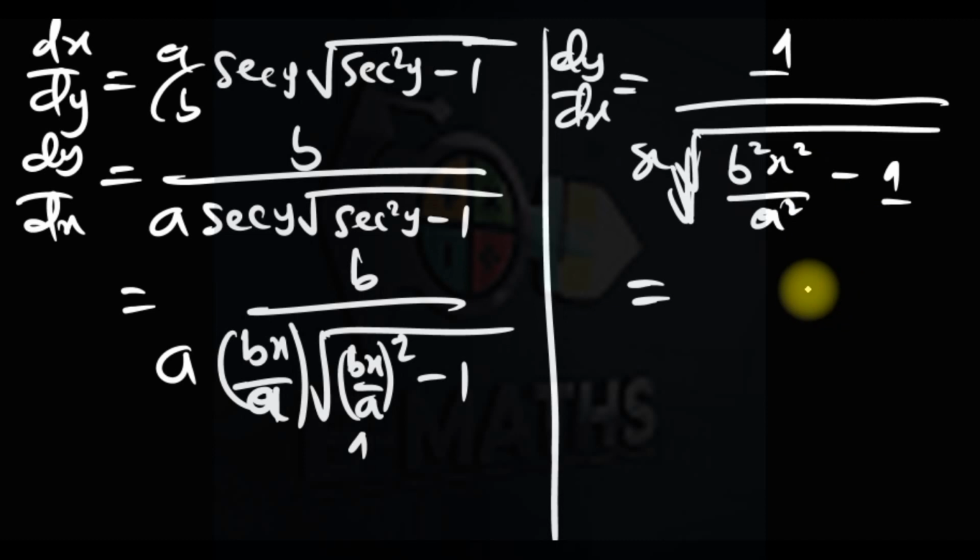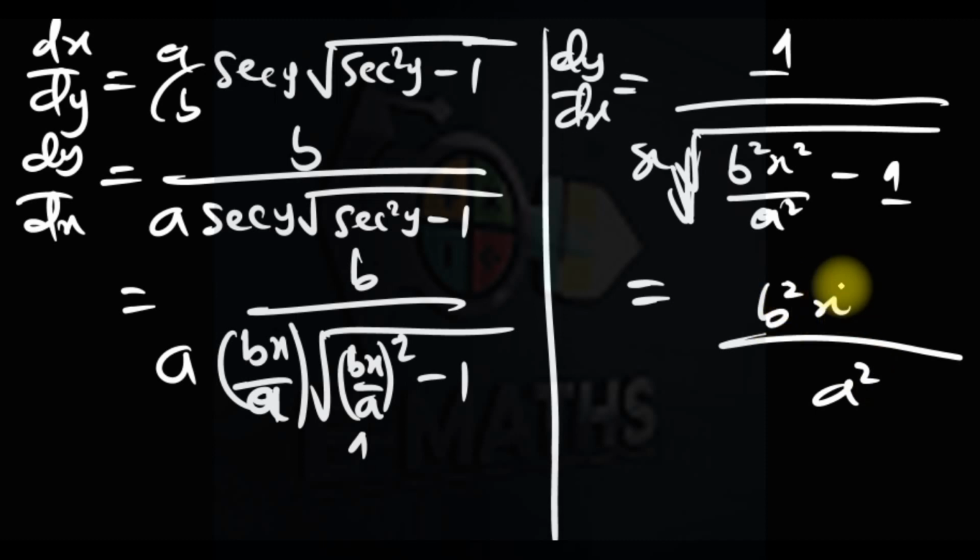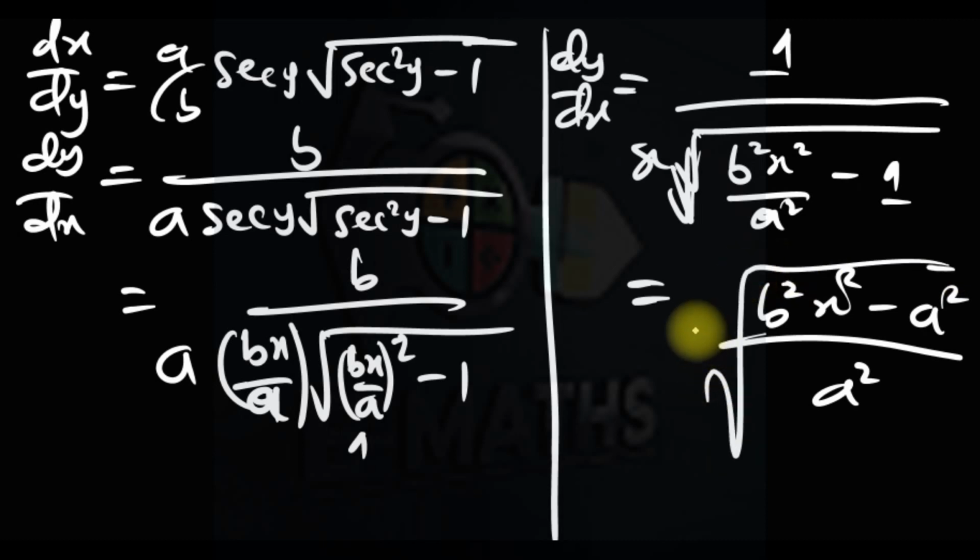Taking the LCM of a squared, I have b squared x squared minus a squared all in square root, over a squared. The square root of a squared is a.